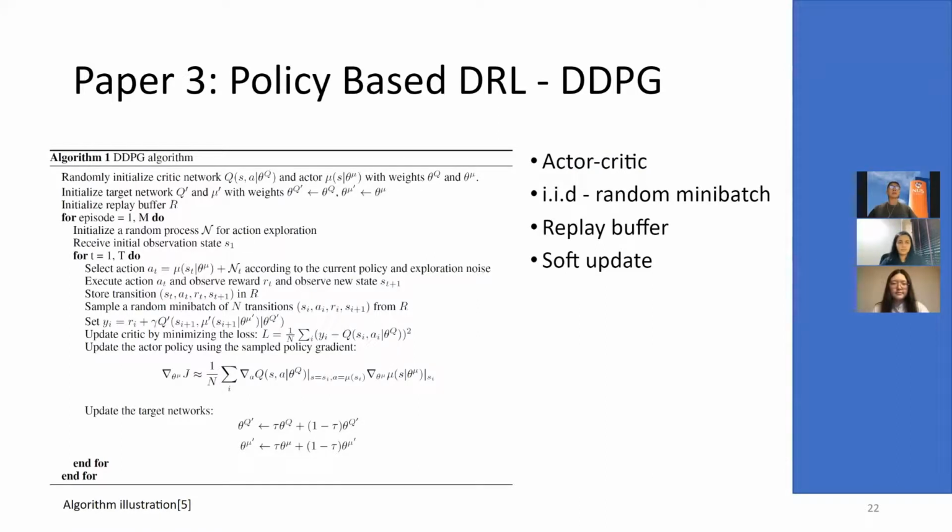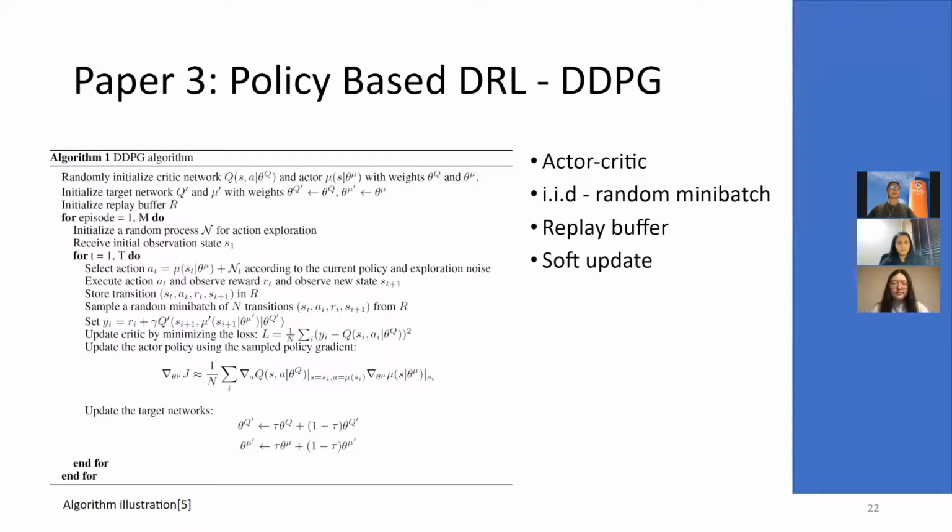So here is an illustration of this proposed algorithm. So first it creates critic network and actor network, followed by initializing the target networks for both.